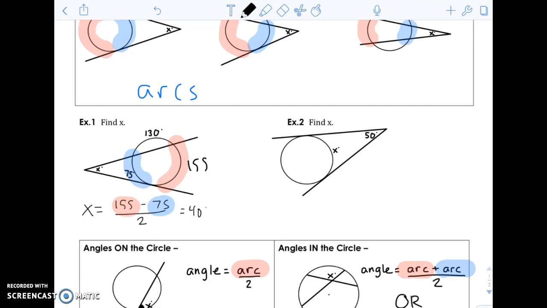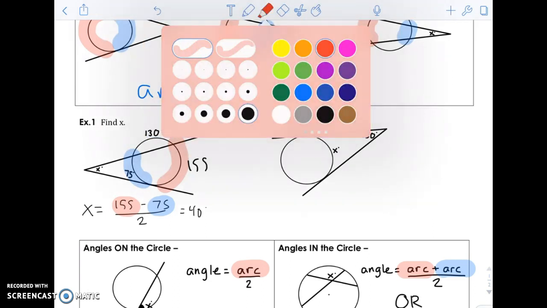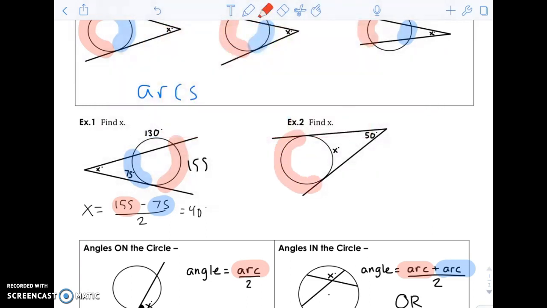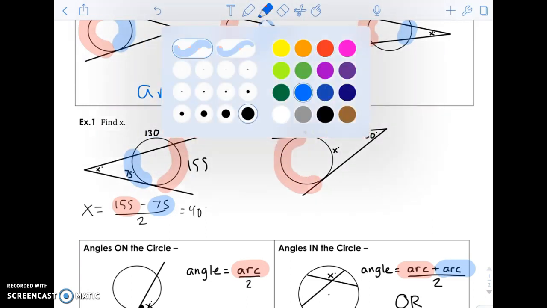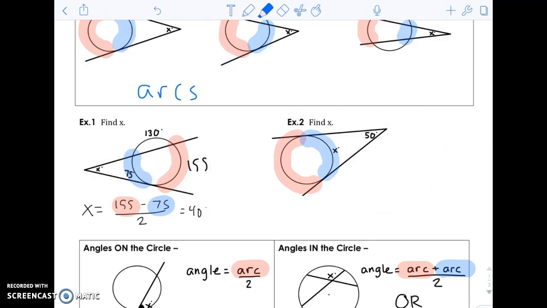And also different is we do not have the large arc over here. However, we know that this large arc, the one that would be red in this case, and this small arc, the blue one, together make 360 degrees.